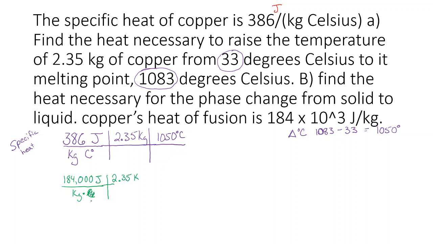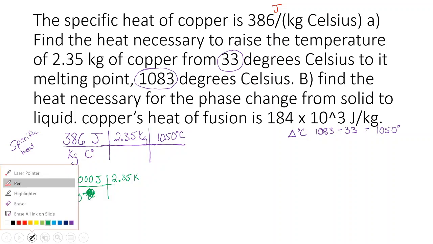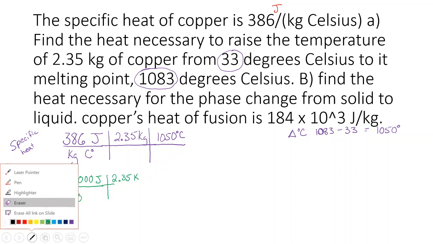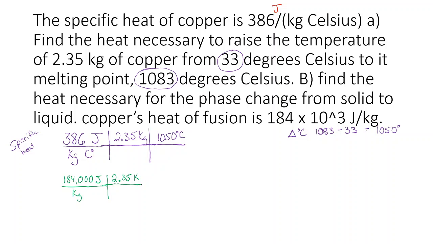And just so you guys know, with the heat of fusion, I made a mistake and I put Celsius in there. There is no change in temperature because what's happening is, remember that modeling we had for phase change from a solid to a liquid. You take the copper and you raise the temperature, raise the temperature, raise the temperature.